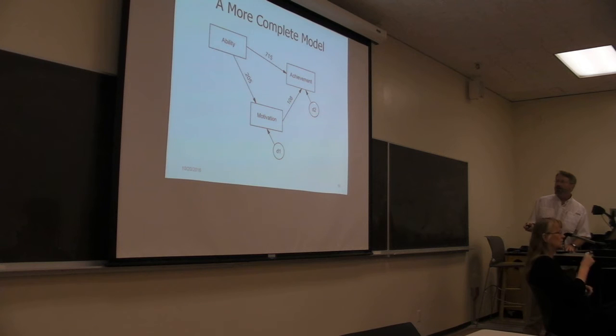And so we represent those by this D2, which stands for disturbance. We don't measure all those other influences, and we signify that this is an unmeasured variable by enclosing it in a circle or an oval. And then also we know that ability is not the only influence on motivation, so motivation also has a disturbance.